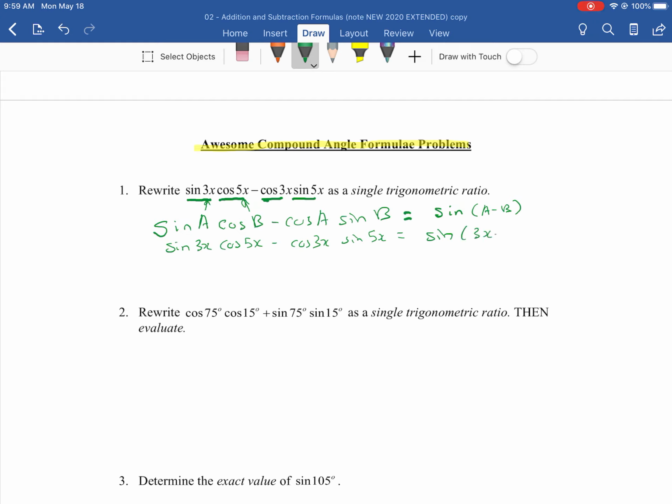I can see that on the left. My B was 5x. So what I get is, this comes down to 3x minus 5x, which is now sine of negative 2x.